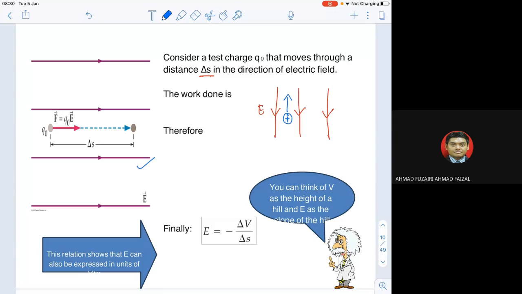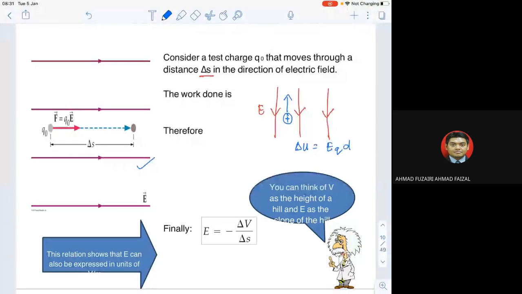Okay, let's do a recap. For the positive charge that goes against the electric field first, we have already established delta U equivalent to EQD.